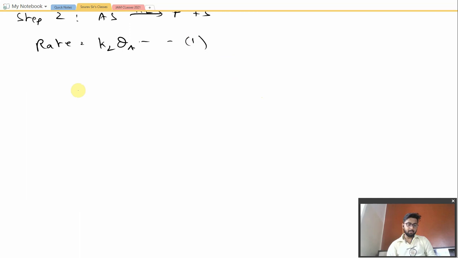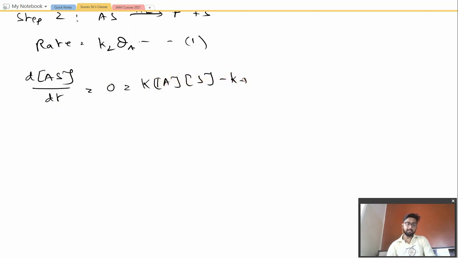Therefore from the above equations we may write that d of AS divided by dt is equal to 0, which is equal to K1 A S minus K minus 1 AS minus K2 AS, obviously.